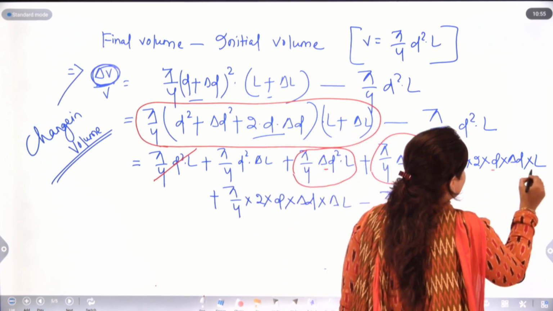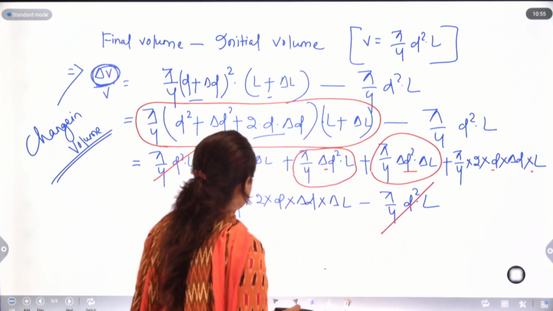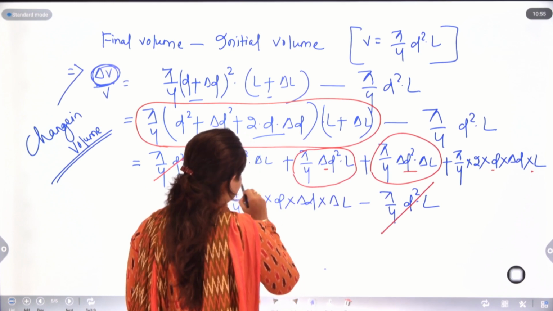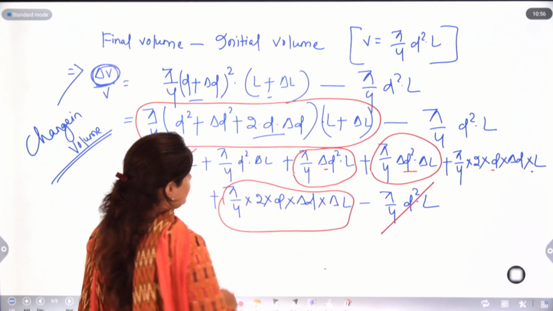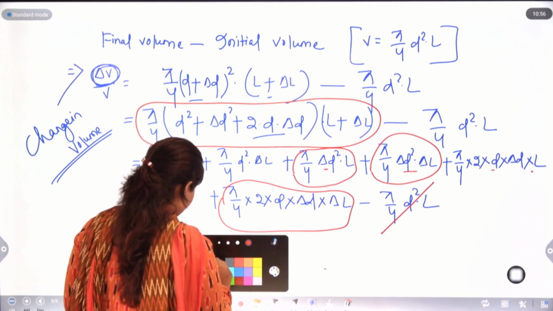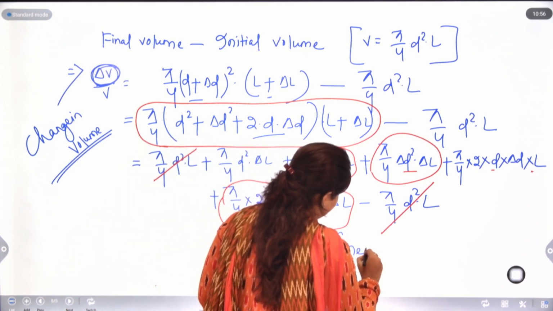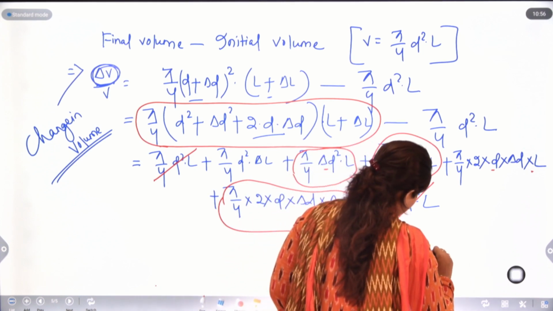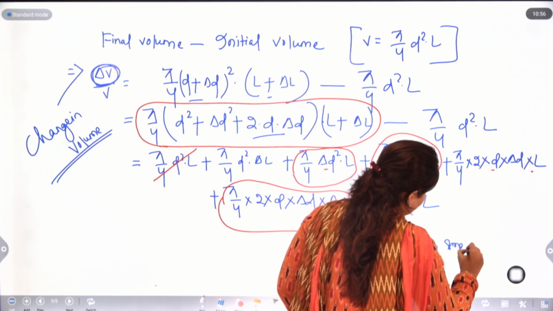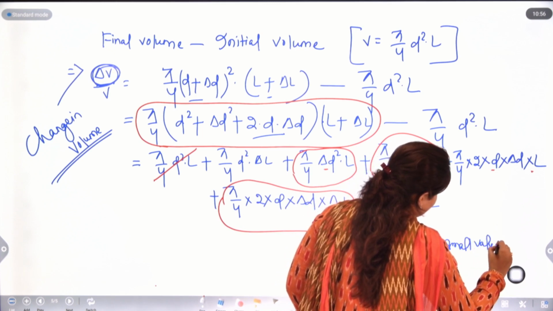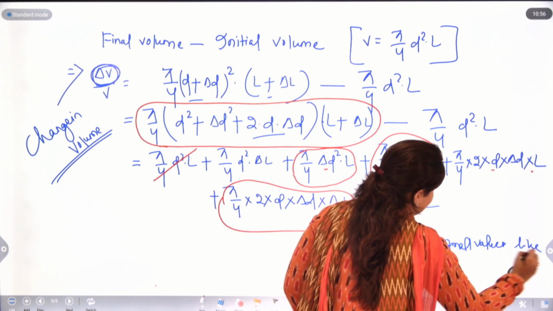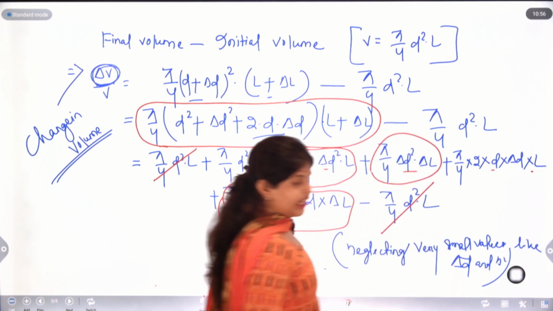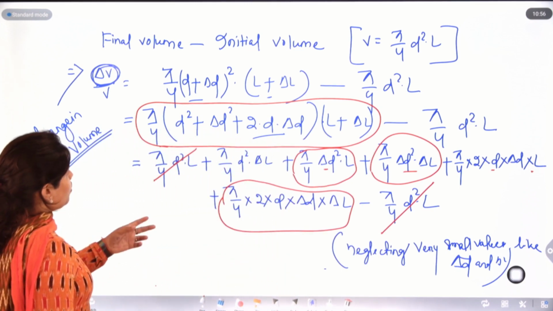As here del D and del L both are present, we will also neglect that, neglecting very small values like del D and del L.